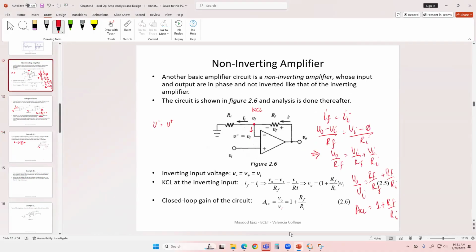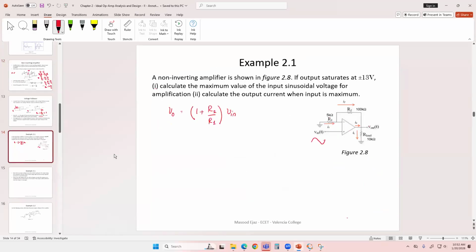V out is equal to 1 plus Rf over R input times V input, and V input is equal to V out over 1 plus R2 over R1.